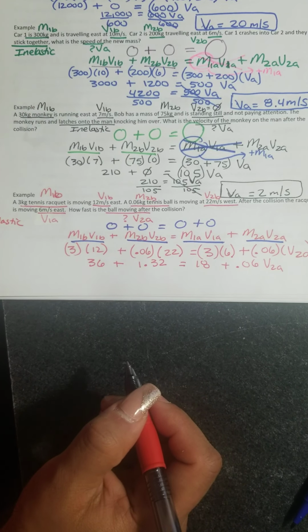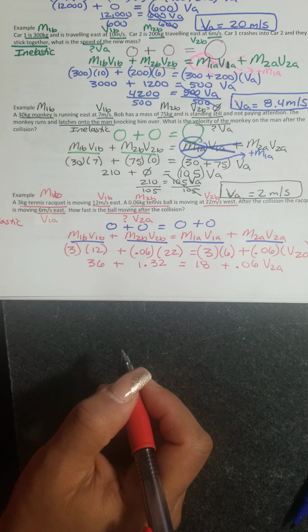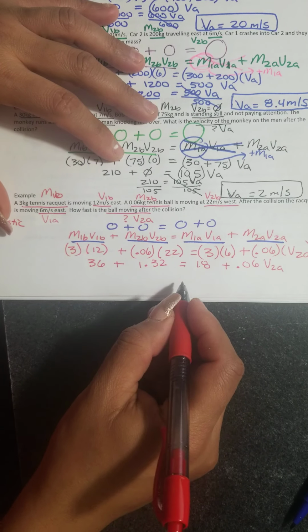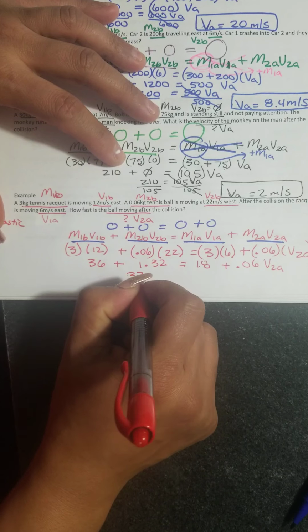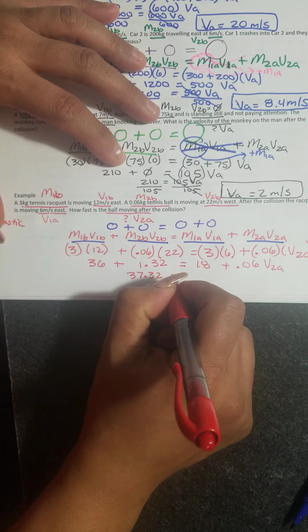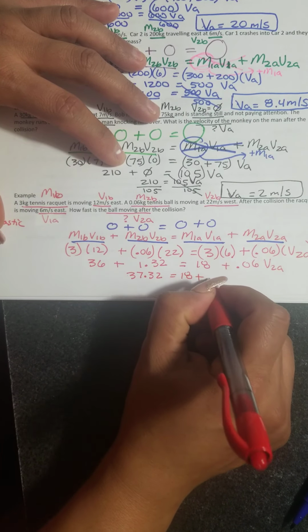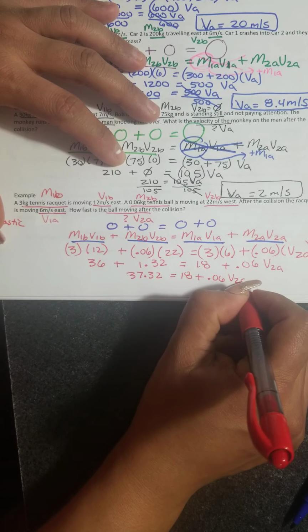We're not done yet. Now let's go ahead and do our addition. 36 plus 1.32 is going to be 37.32 equals 18 plus 0.06 V2A.